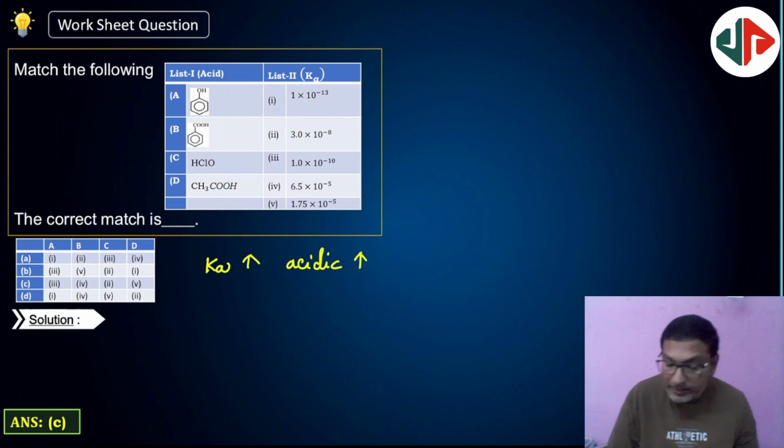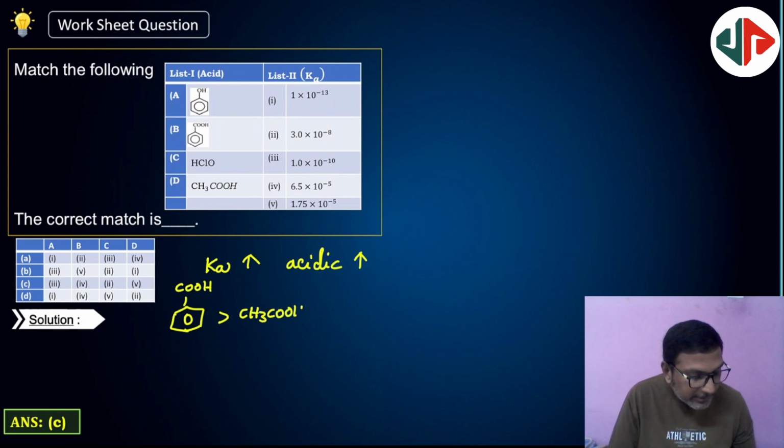So very important. Among the following compounds, acidic strength is first benzoic acid, greater than acetic acid, greater than HClO, greater than phenol. This is the acidic strength.